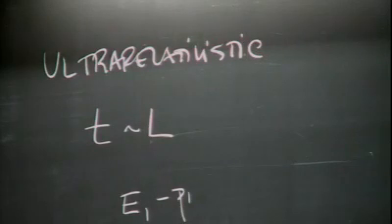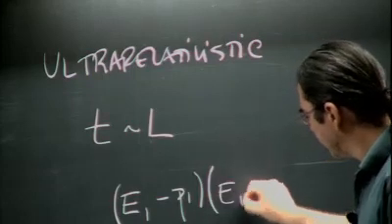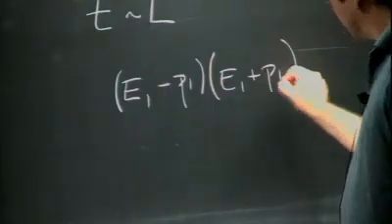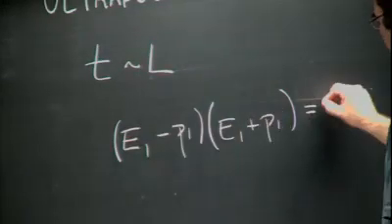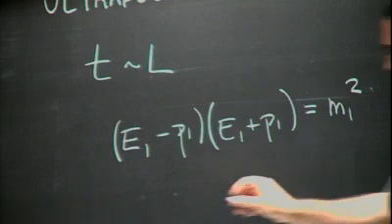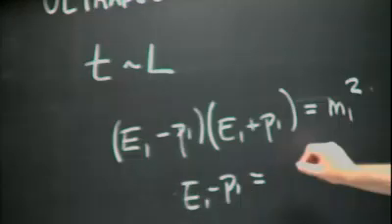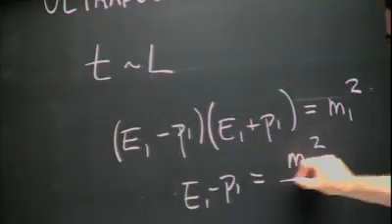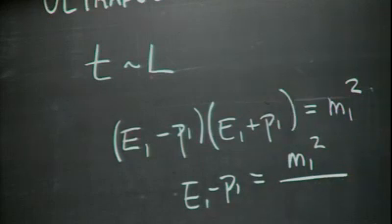Okay, so let me calculate the difference between the energy and momentum in this way. So I know how to calculate this. This is E squared minus P squared. That's equal to M squared. That means that the difference between the energy and the momentum is M1 squared over the sum of the energy and the momentum. Now, in the ultra-relativistic regime, the energy and the momentum are about the same.